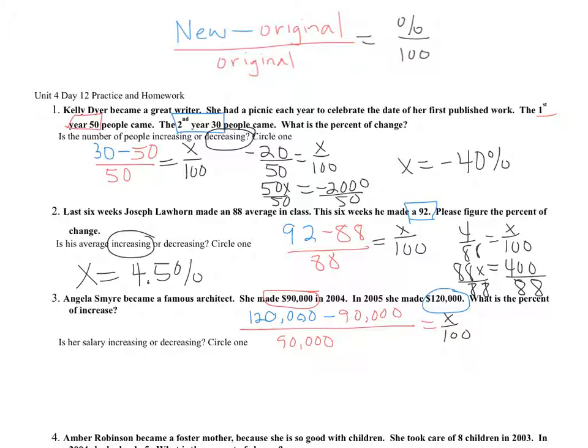You can subtract, and the difference is 30,000 all over 90,000. Cross multiply and divide, and you should get 33 1/3%, and that is an increase and went up from 90 to 120.